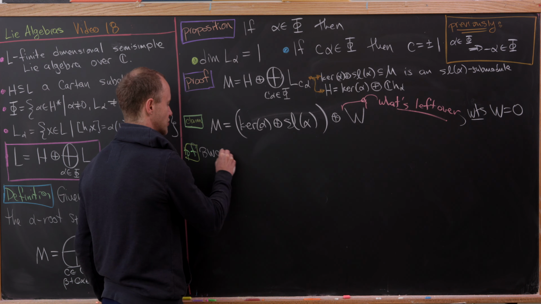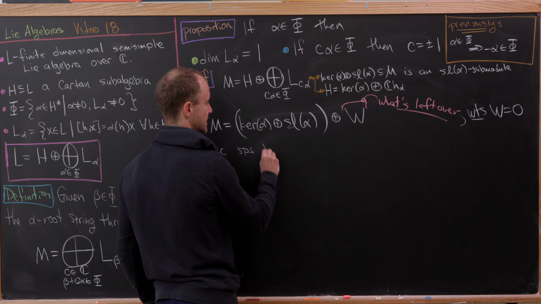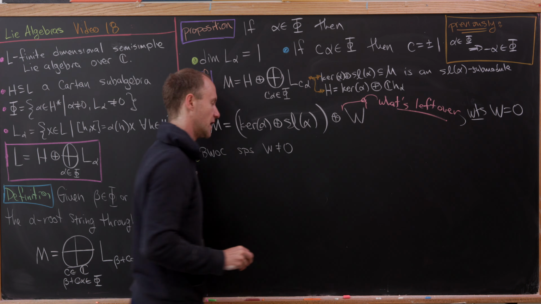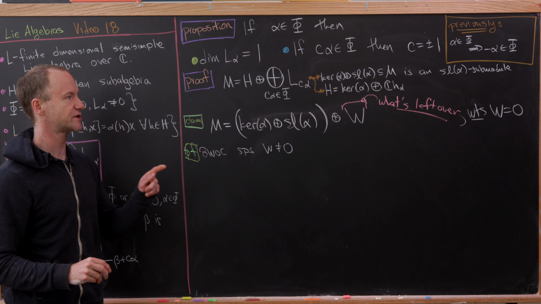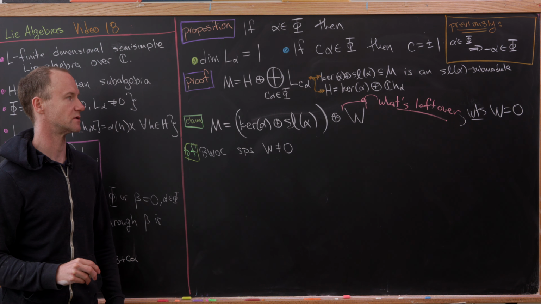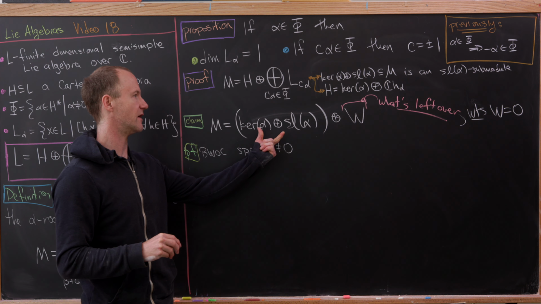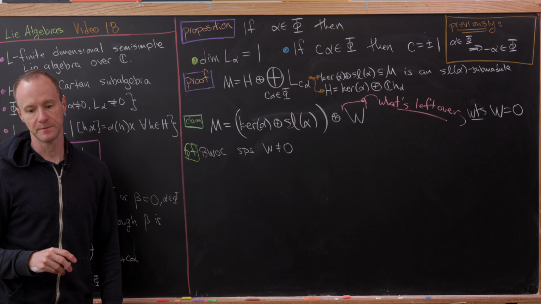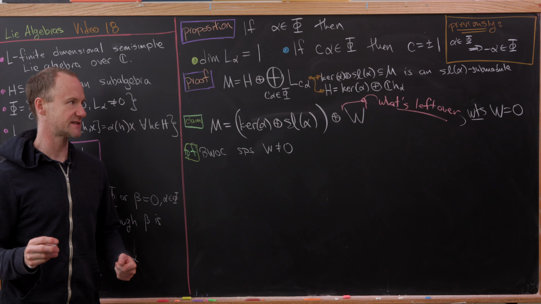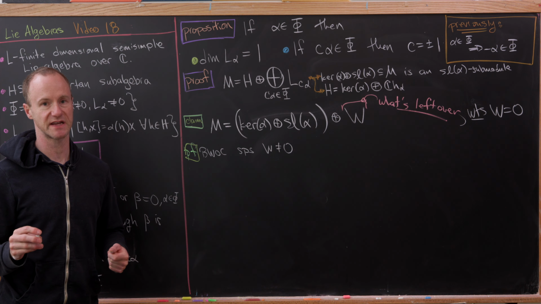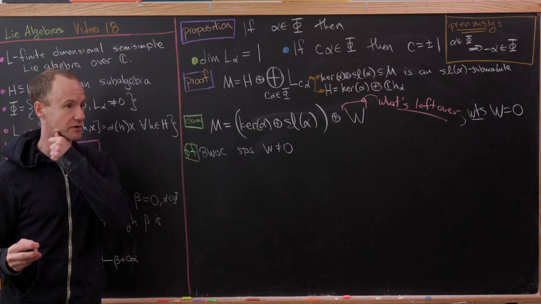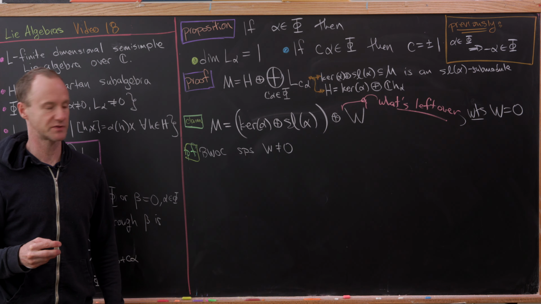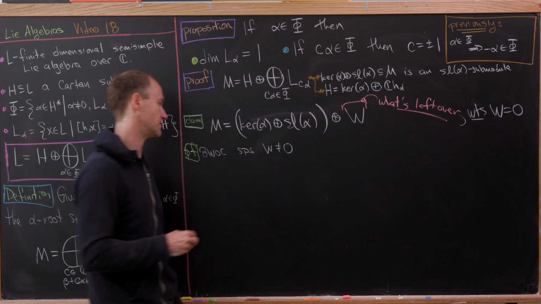We're going to prove this by way of contradiction. So let's suppose that W is non-zero. But notice that W is also an SL alpha module. It's like the complement of this submodule that we had. Since it's an SL alpha module, which is isomorphic to SL2, it can be decomposed into irreducibles by what we saw about the representation theory of SL2.